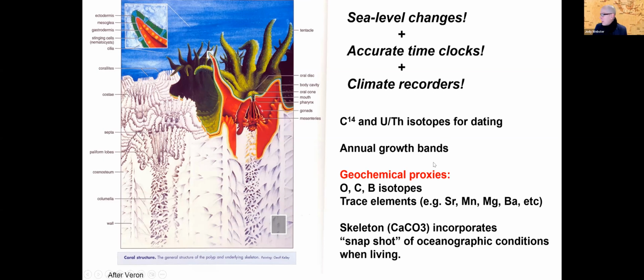And of course, from the paleoclimate aspects, they produce these really excellent annual and interannual growth bands, and we can look at a whole range of geochemical proxies, and there's a few listed there, but many others now that we can use to reconstruct a whole range of different sorts of parameters.